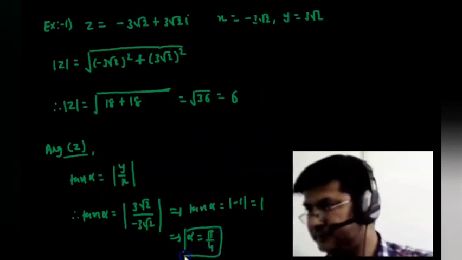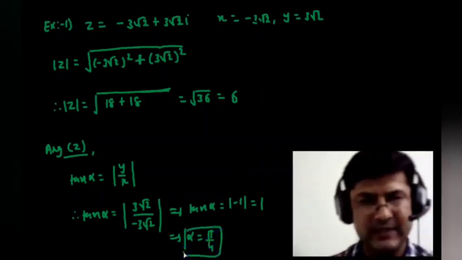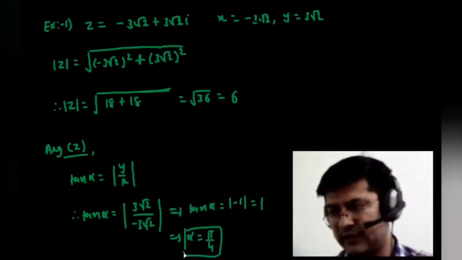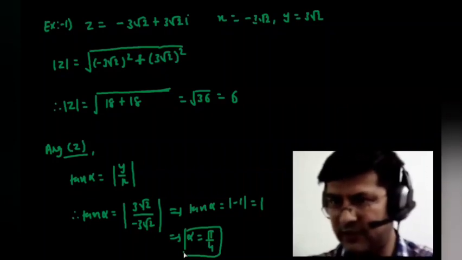Now since x is negative and y is positive, we obtain the second quadrant, and in the second quadrant the argument will be taken as pi minus alpha. Therefore argument of z will be pi minus pi by 4, therefore argument of z will be 3 pi by 4.